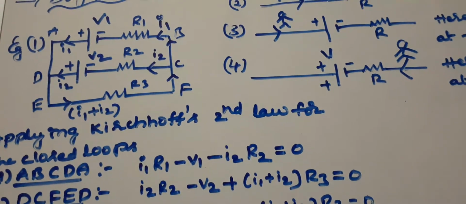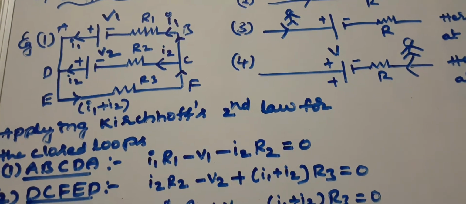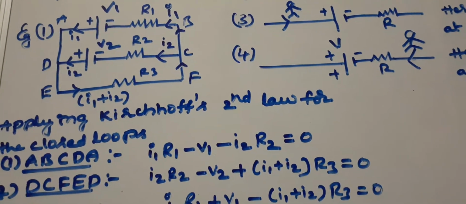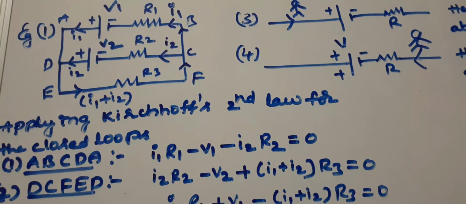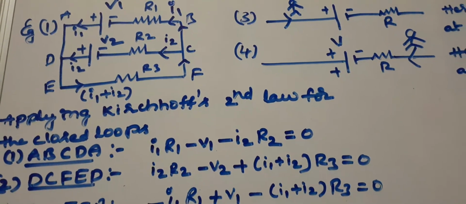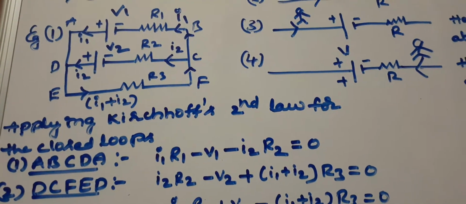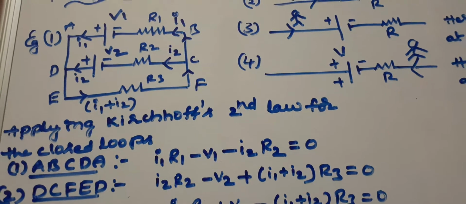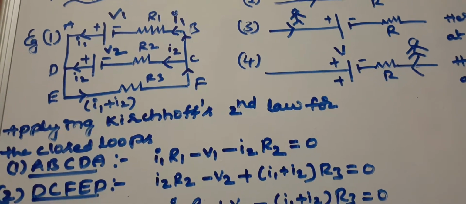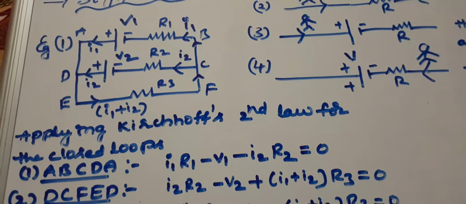In the arm DC there is a cell of EMF V2 and resistance R2, and the current from it is I2. In the arm EF there is no cell, but both currents, from V1 and from V2, move through the arm EF as I1 plus I2, and you can see their directions.